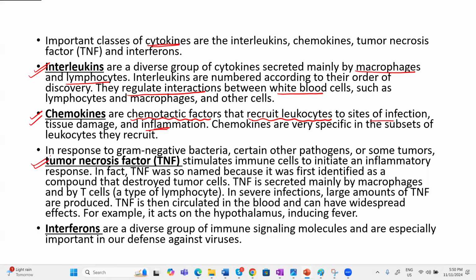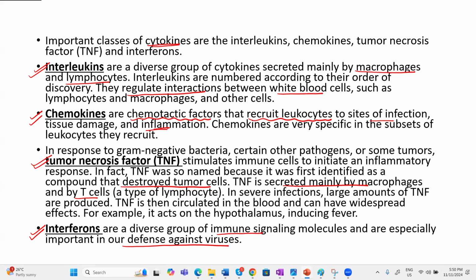Then is tumor necrosis factor. It is secreted mainly by macrophages and by T cells, and their work is to control tumor spreading. They will destroy the tumor cells. And interferons are immune signaling molecules, very important against virus infection. So these are the important classes of cytokines.